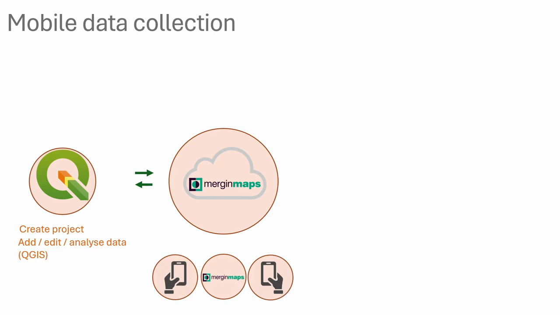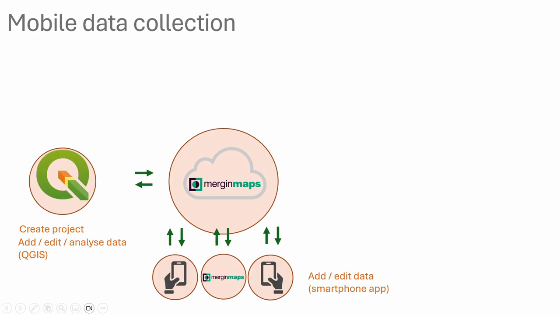Users can install the Merging Maps app and then they can download the project to that app and start collecting data. Again, this is a two-way street, so they'll download the project, they'll make changes on their device, so on the local device, save those changes and push them back up to the Merging Maps cloud.